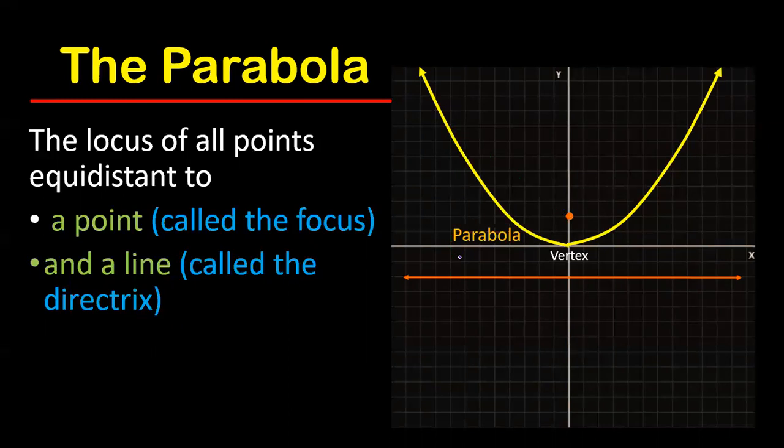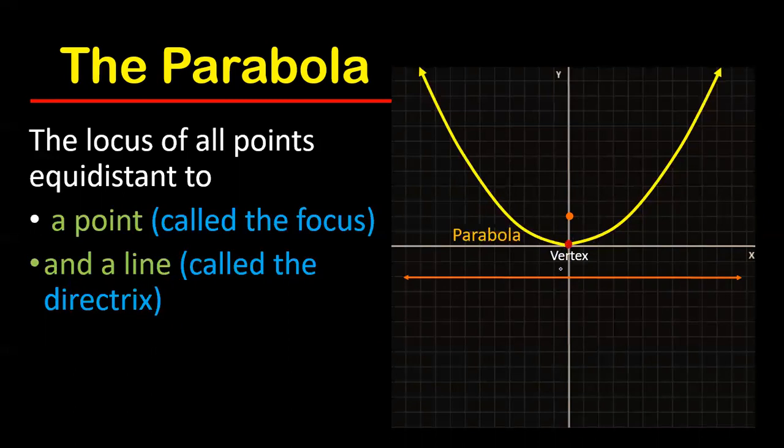Now, this point, the turning point of the parabola, is called the vertex. Since this parabola opens upwards, this vertex is our minimum point, the minimum value of y.